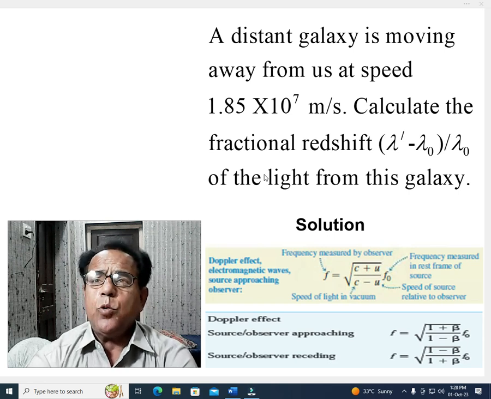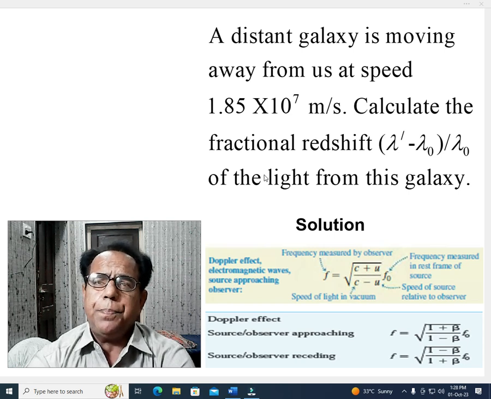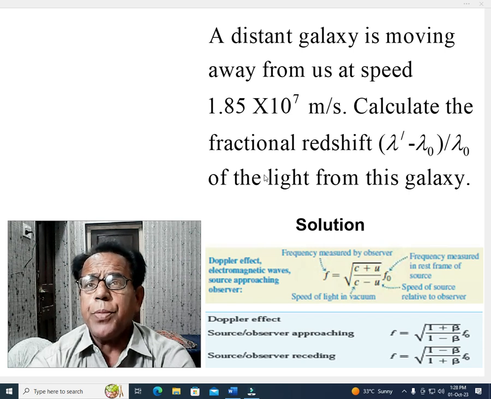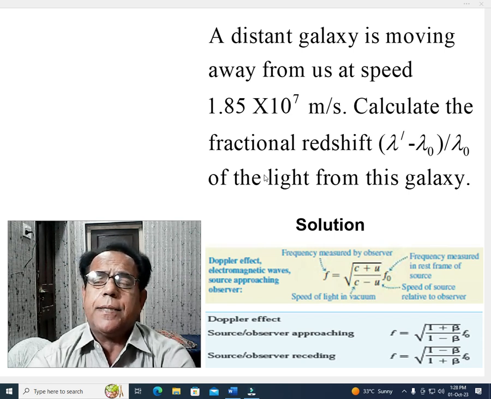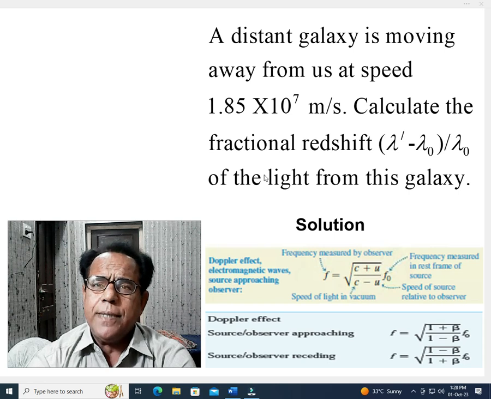Problem having been chosen from the book Modern Physics by Paul A. Tipler. As usual, we first come to its statement. A distant galaxy is moving away from us. Away from us and towards us are two separate senses.